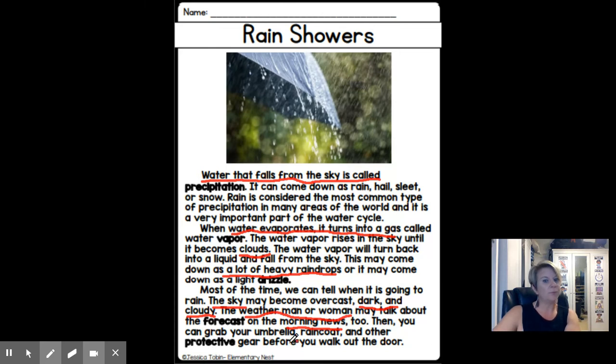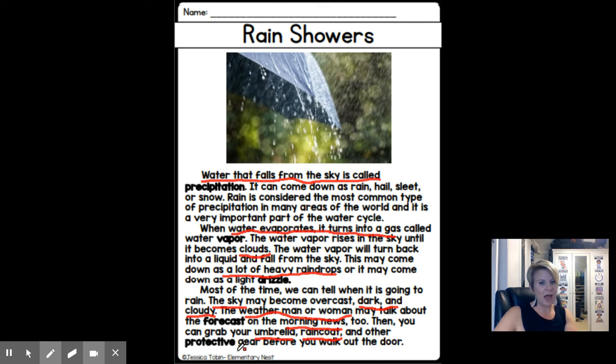Then you can grab your umbrella, raincoat, and other protective gear before you walk out the door. So protective is our key word, our word that we are going to solve using our keywords and clue words around it. Then you can grab your umbrella, raincoat, and other protective gear. So I think umbrella is gear. I think raincoat is gear.